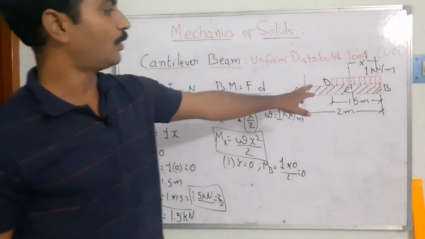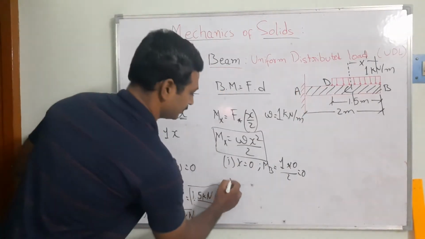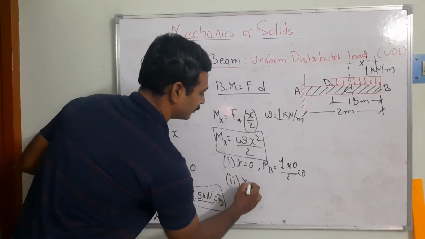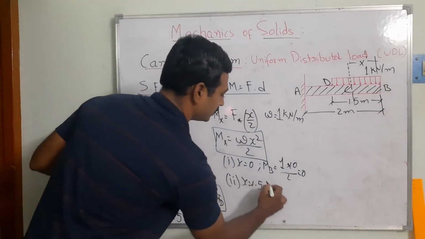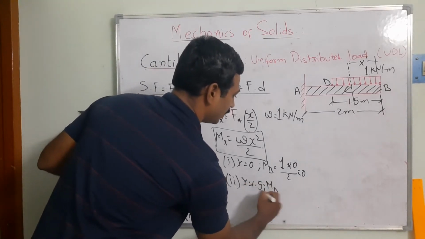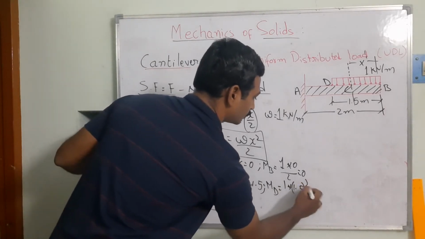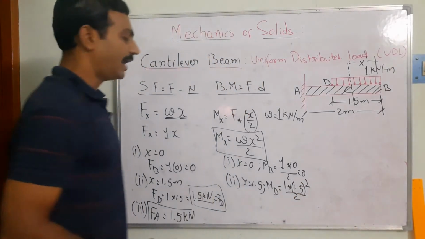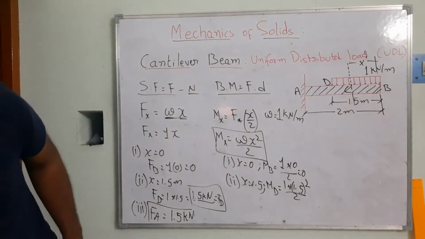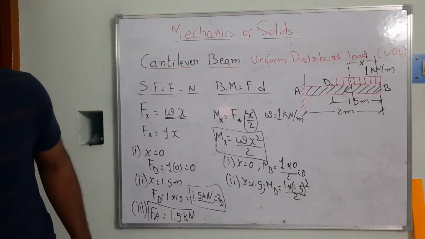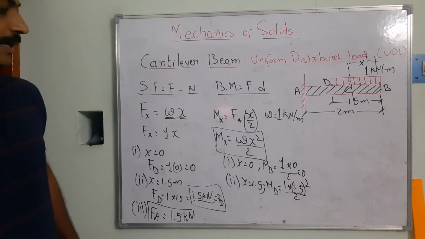Now I want to find it at D, where x is equal to 1.5 meters. Then MD is equal to 1 into 1.5 whole squared by 2. Finally we get 1.125 kilonewton meters.